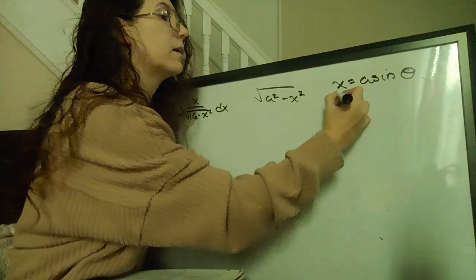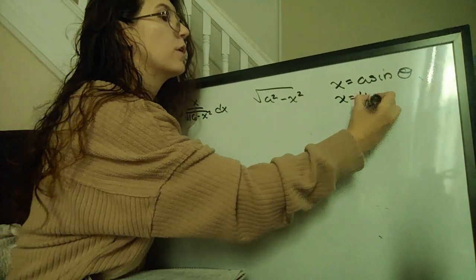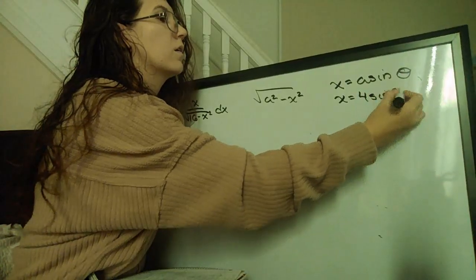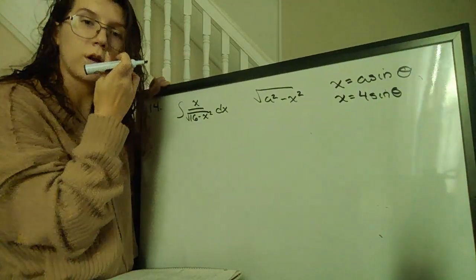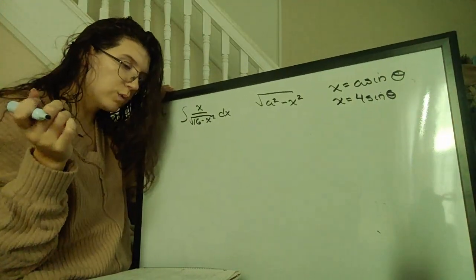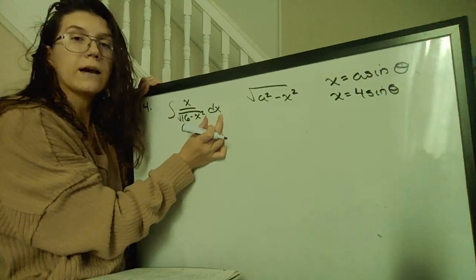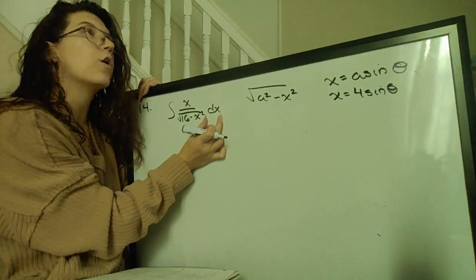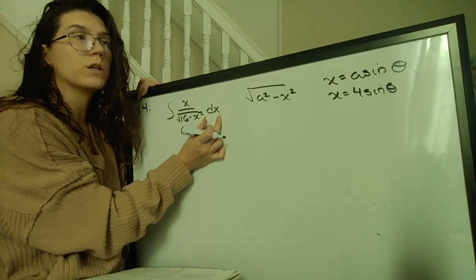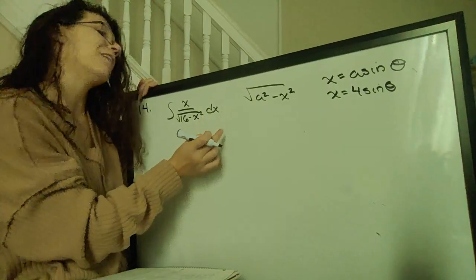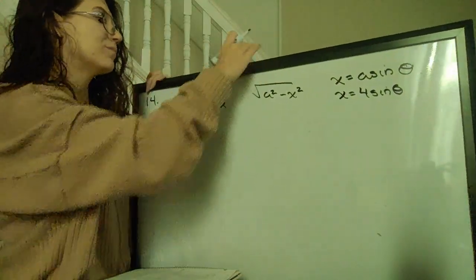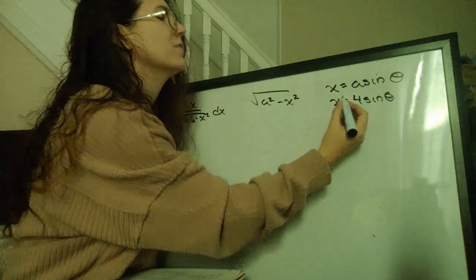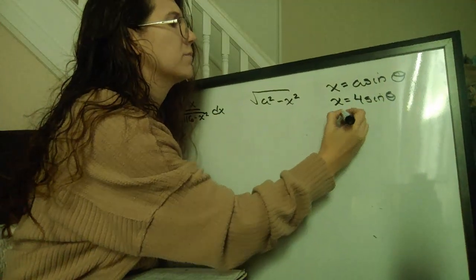So our x is actually going to be 4 sine theta. That's what our x is going to be. And we are going to need dx as well. With all of this stuff, notation really comes in very heavily. So we just need to be mindful of that, basically.